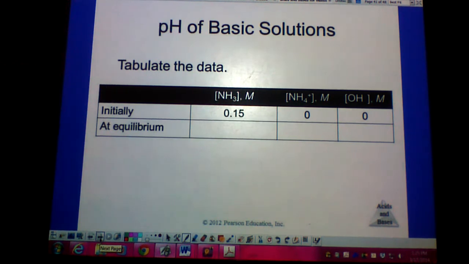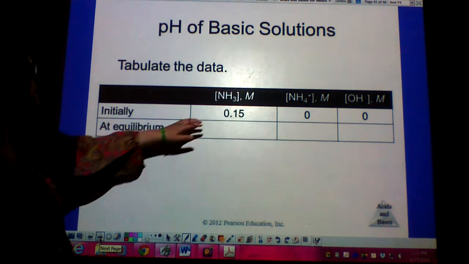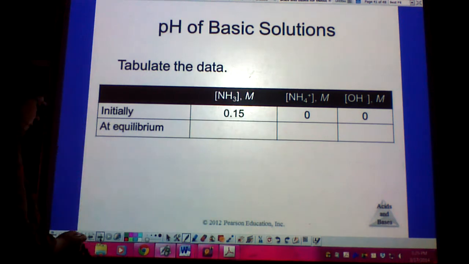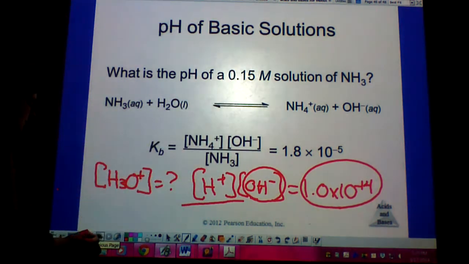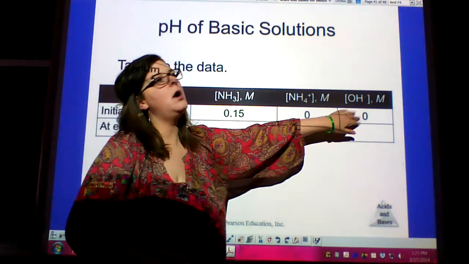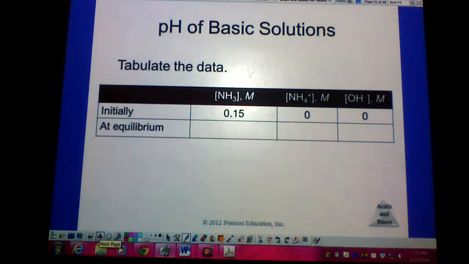So we should make an ICE chart because I'm dealing with some concentrations and I need to figure out some things. Initially, I'm starting off with 0.15 molar of NH3. They gave us that here in the problem. That means I have 0 molar of my products, of my ions.